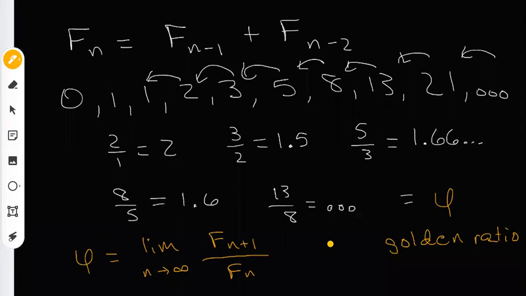So that's an interesting way to think about it. If I keep on dividing the biggest number by the one that came before it, eventually I'm going to get close to a certain decimal called the golden ratio, which is like 1.61803... It's this long decimal. It's going to be called the golden ratio.